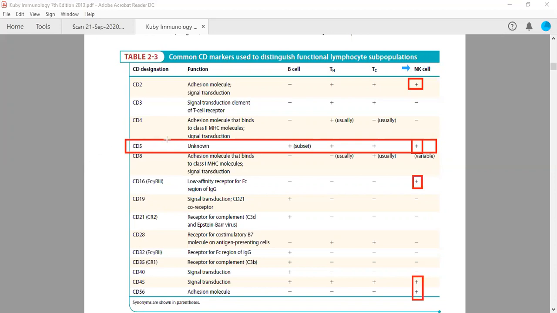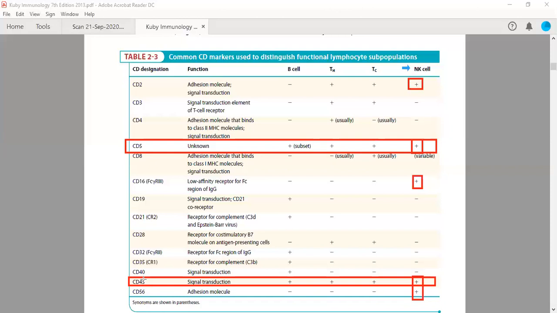Not only CD5, they also have CD45. All the lymphocytes are also having CD45. So if someone asks you what is the common feature of all the lymphocytes, they have two types of CD molecules, cluster of differentiation molecules, over the surfaces.